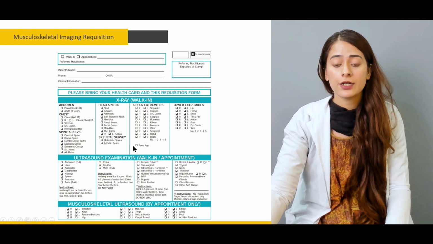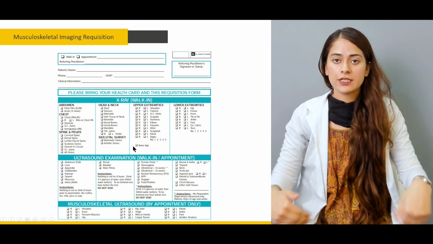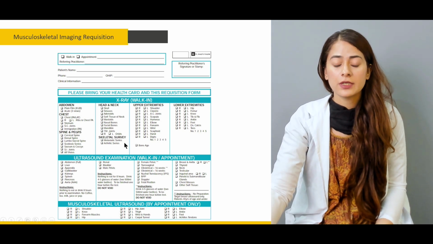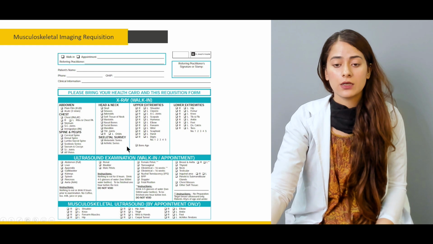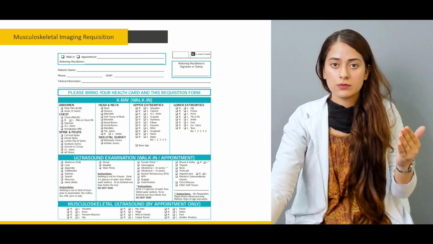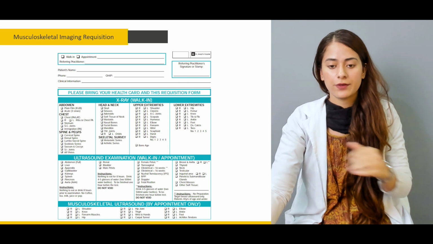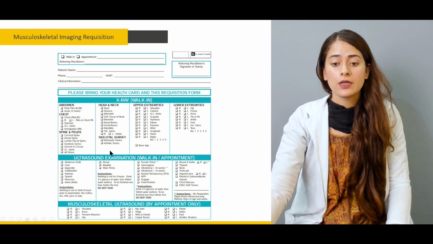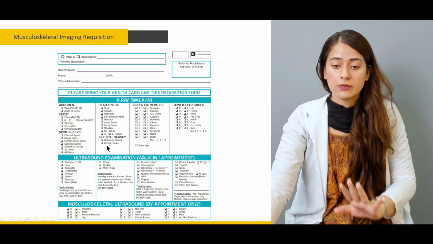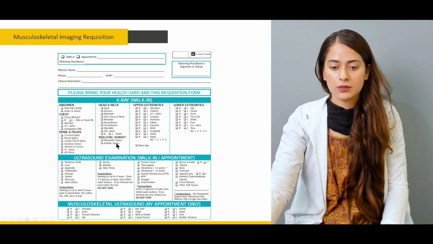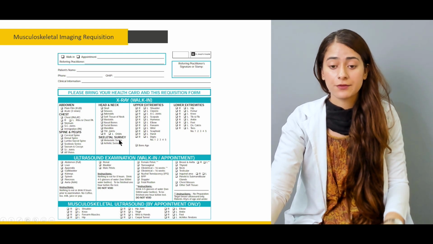Skeletal surveys are X-rays of the entire body, done to rule out arthritic changes, which can be RA or OA, that is rheumatoid arthritis or osteoarthritis, and other types of arthritis as well. There can be infective arthritis, which is visible on every radiographic modality because it is very massive.